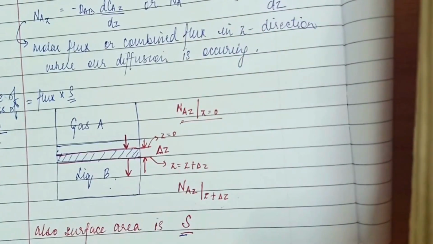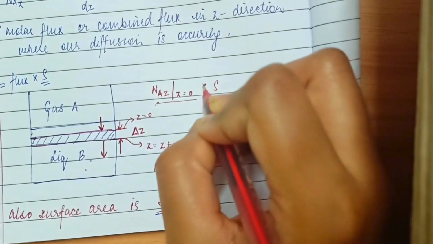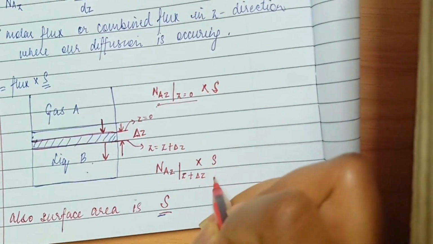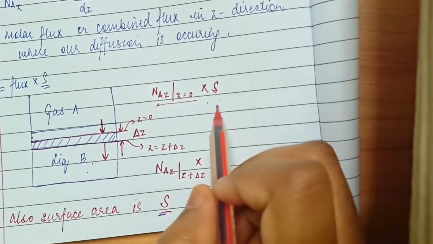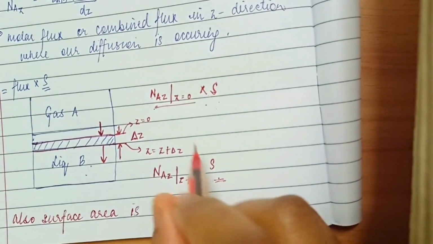So in order to get the rate, we multiply the flux with the term S, that is the surface area of the shell of thickness delta Z. On getting this, we can now put this into the shell balance equation.